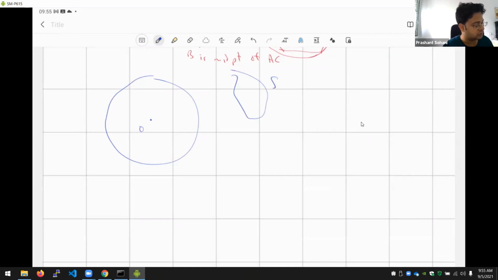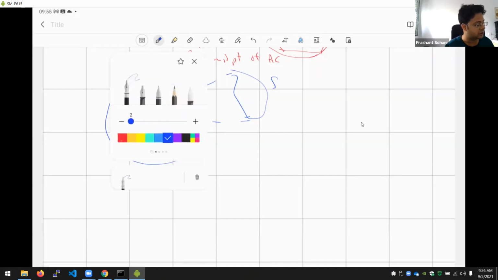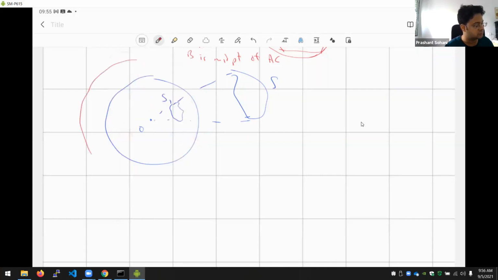The inverse of this object will be some S1. Suppose you have another circle of the same center O but a different radius, and you invert the same object S in this red circle. So you'll get an object S2.